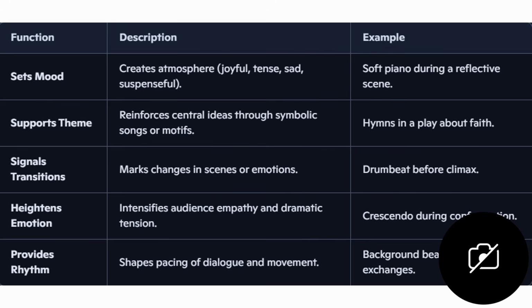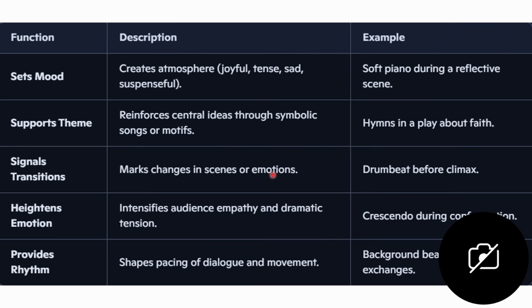It sets the mood, supports the theme, signals transition, heightens emotion, and provides rhythm. Okay, so these are examples. For example, if you want to have a reflective theme, like when your classmate is sharing something that is so sad, you will somehow play in your mind a soft music. Or if it is funny, then a funny music, like in a comedy show.